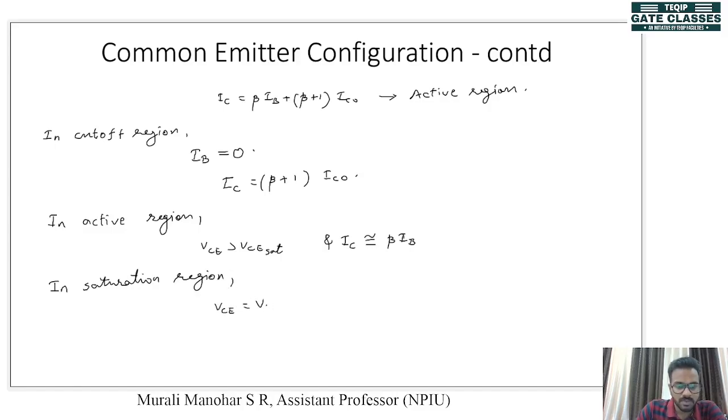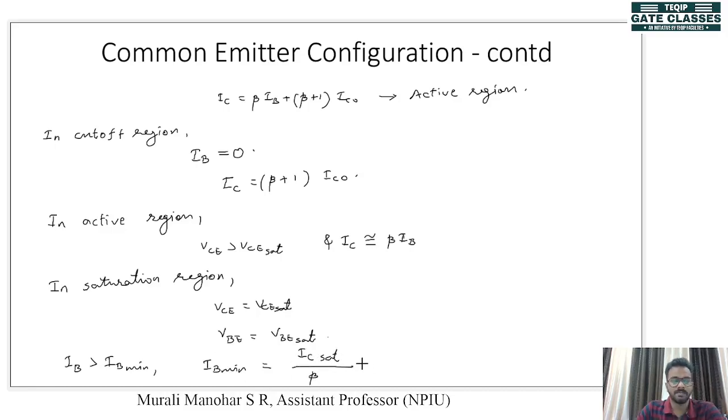VCE will be equal to VCE SAT, VBE will be equal to VBE SAT, and the value of IB must be greater than IB minimum, where IB minimum is given by the saturation current IC SAT divided by beta. So these are the conditions to be checked if we want to find out the region of operation.